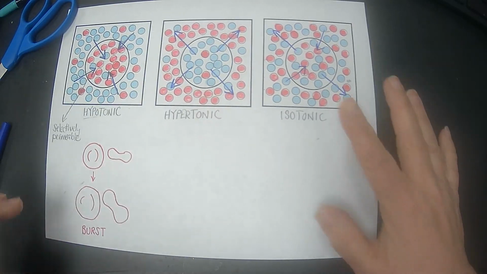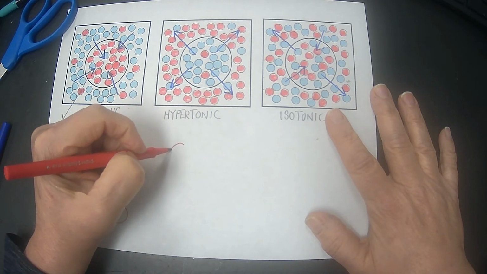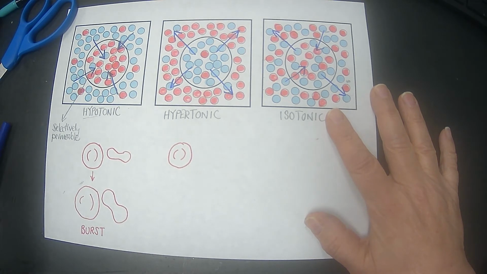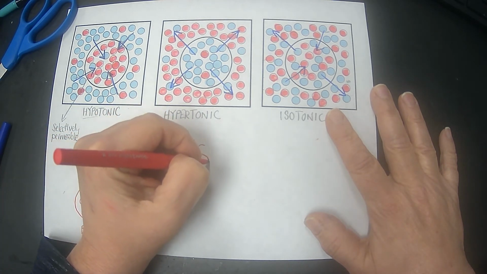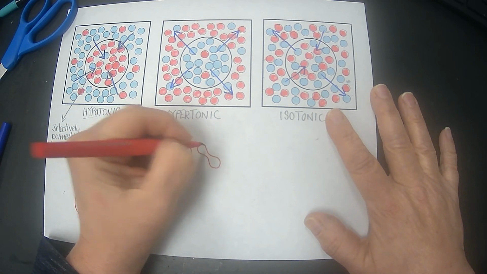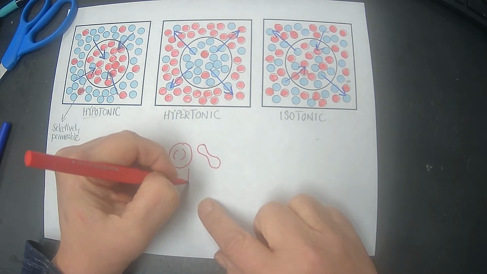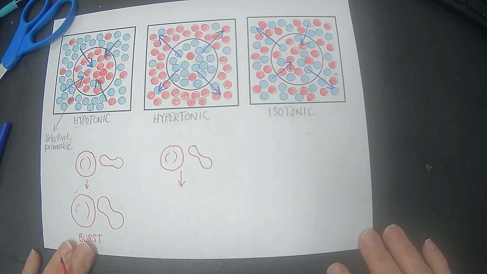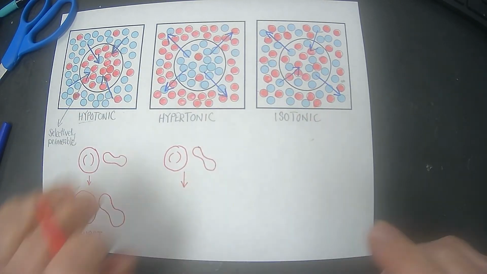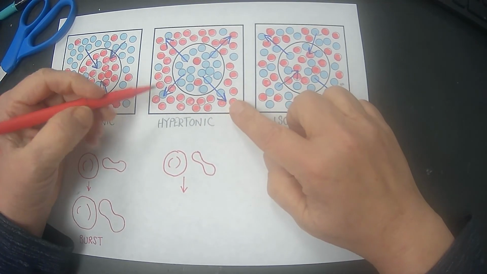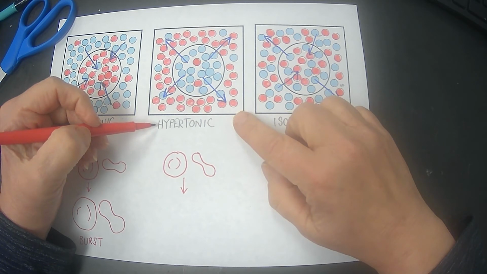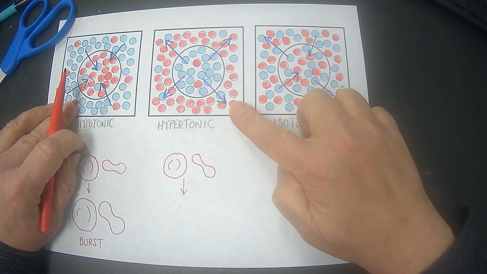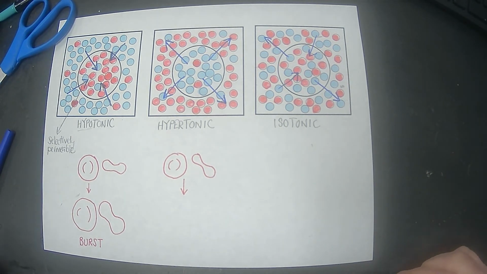Not a good thing. Now, what's going to happen if you put a hypertonic solution? Let's say you put a really strong salt solution into your blood through that line that they put in your hand. Well, we know that when you put a cell in a hypertonic solution, water moves from where there's more of it to where there's less of it, down its concentration gradient.